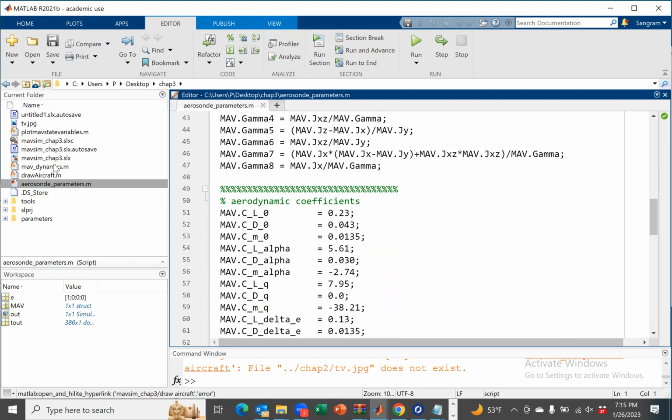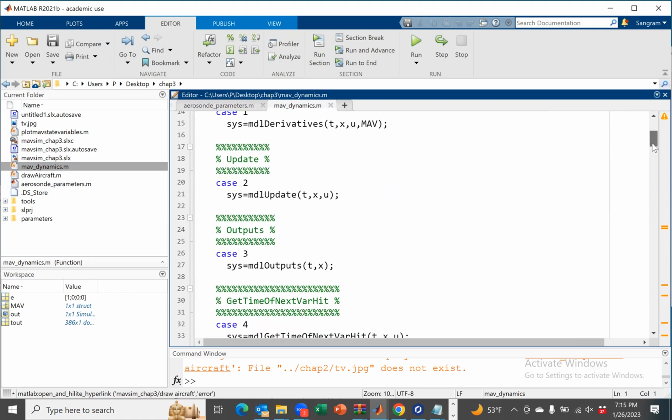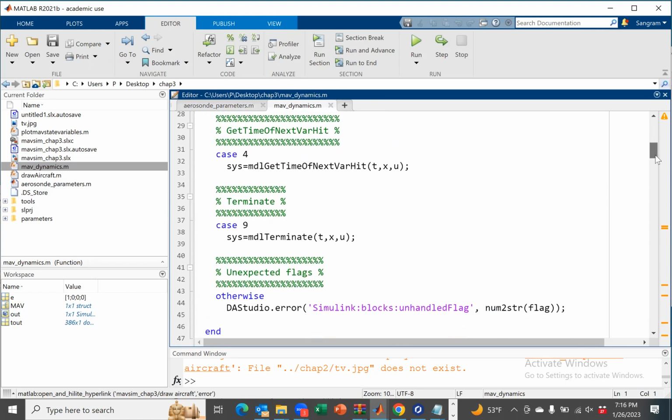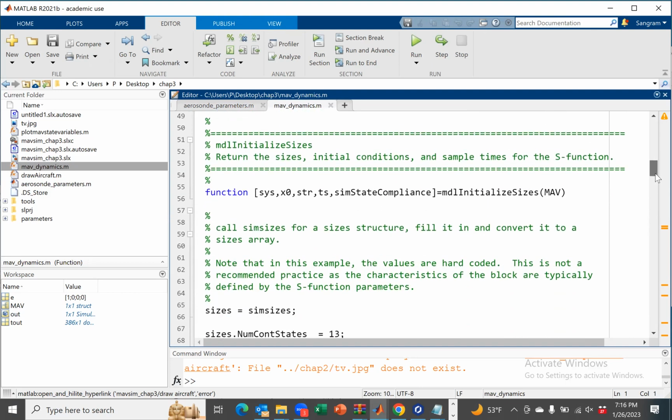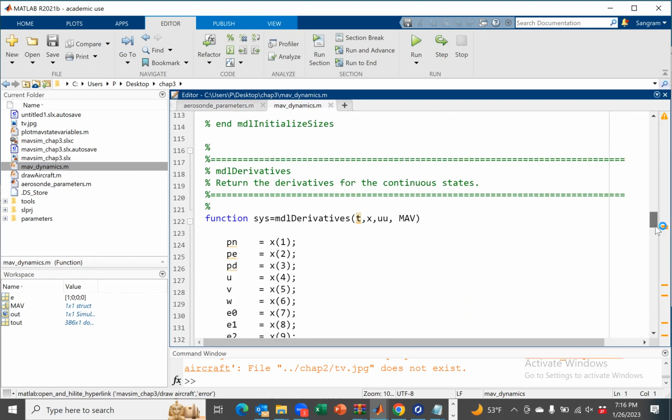And then once you go to mavdynamics.m, this is the same code. First line is same as the template. All the way it is same. What you need to do is you need to program these equations in here. And I'll show you the equations.